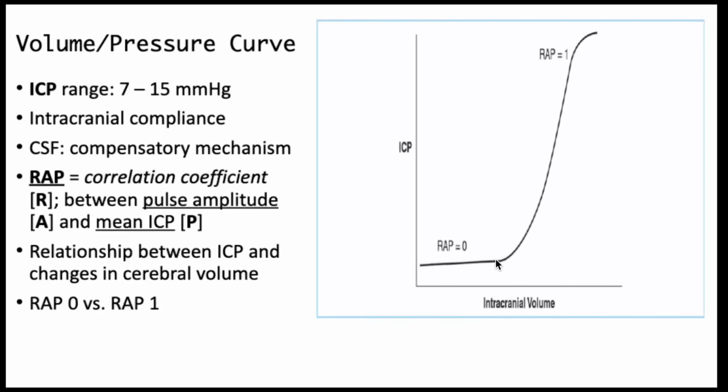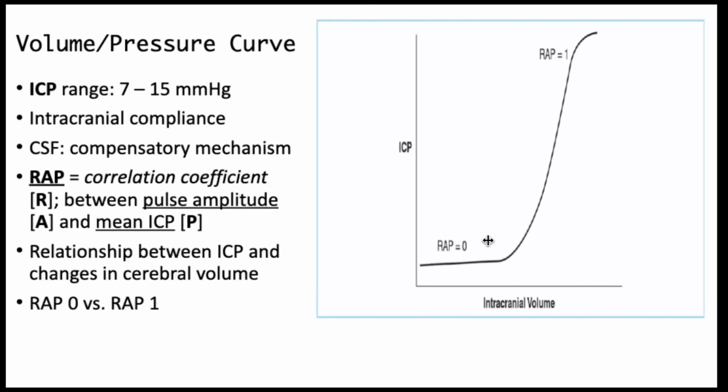As soon as the volume of one of these components increases past this point, you get an exponential increase in intracranial pressure. So CSF is the predominant compensatory mechanism.